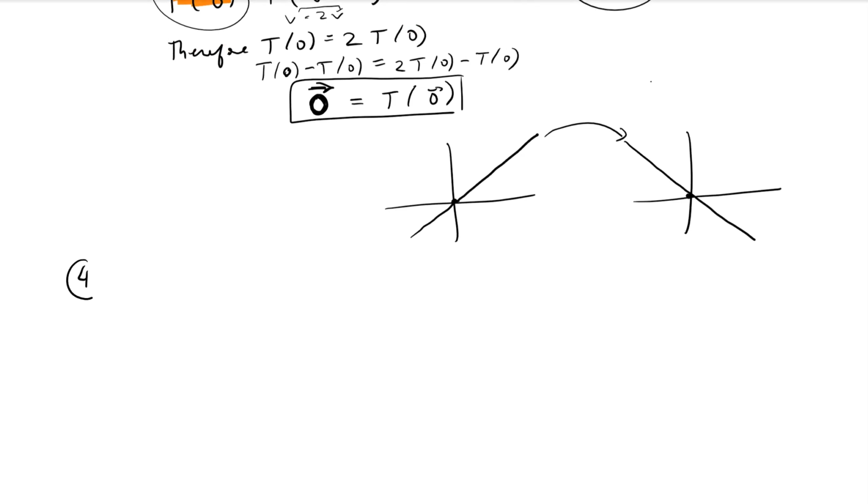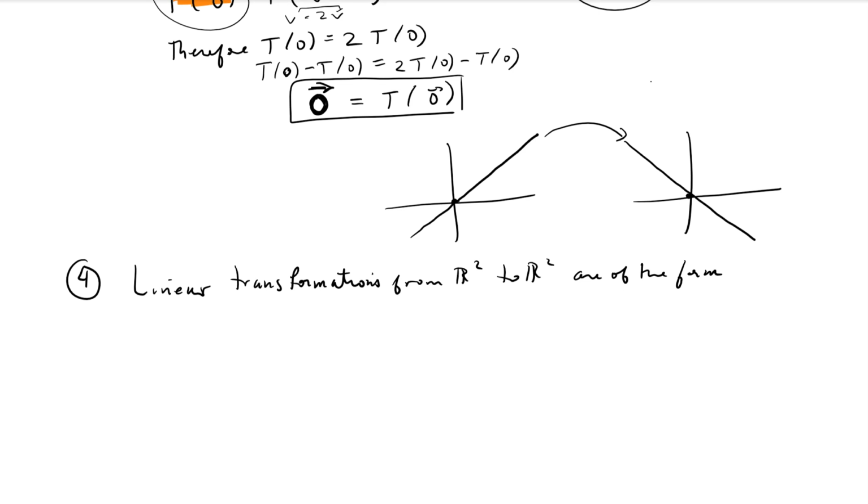Number 4, I'd like to know what linear transformations are like in general. In particular, I'm going to look at transformations from R2 to R2. So linear transformations from R2 to R2 are of the form... They're of what form? Well, first of all, if I'm going from R2 to R2, I take a vector in R2, let's say with coordinates x1, x2.